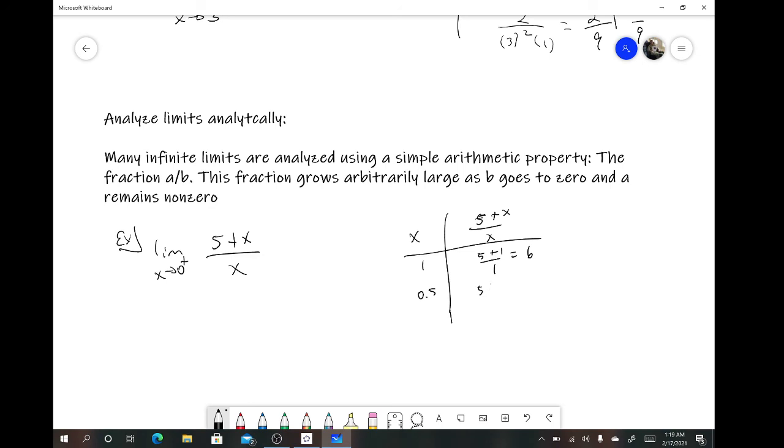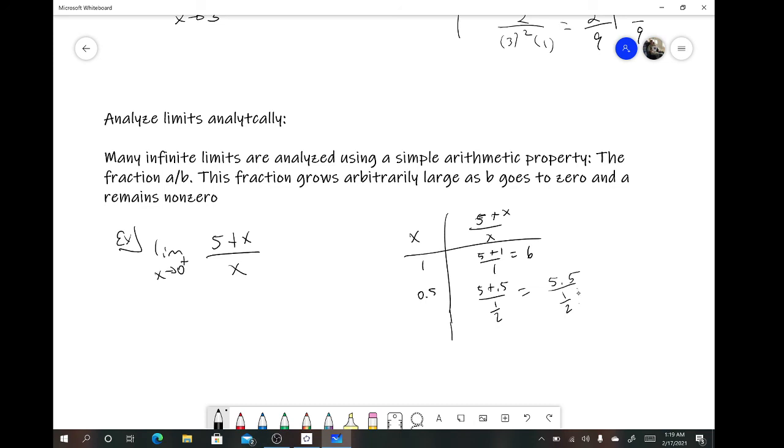So you'll have 5 plus 0.5 divided by 0.5, and if it's okay with you, I'm going to write the 0.5 as a fraction in the denominator. So we'll have 5.5 divided by 1/2. Now, what is this the same as?